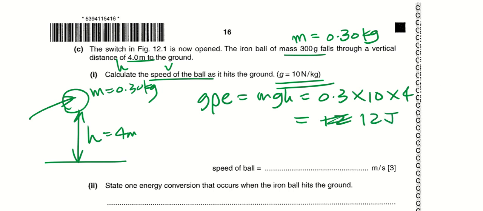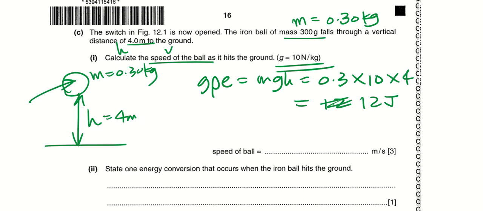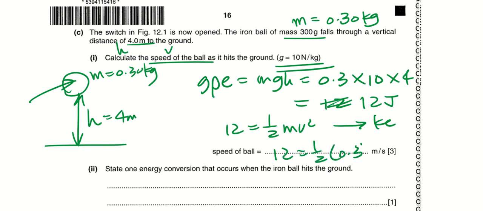Okay, so when this ball hits the ground, the energy will be transferred from the energy in the gravitational potential store to the energy in the kinetic store. So 12 joules will then be equal to half mv squared. So this is for calculating KE. So 12 equals half times 0.3 times v squared. So my v, if I do my calculations correctly, I'll get 8.94.